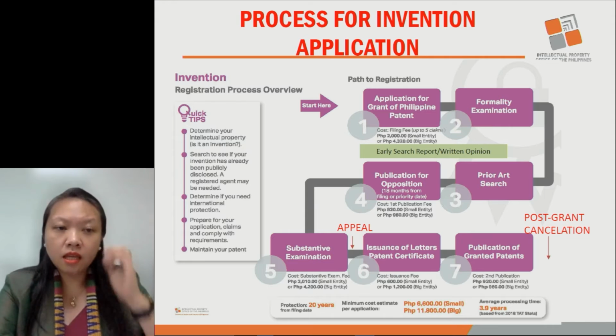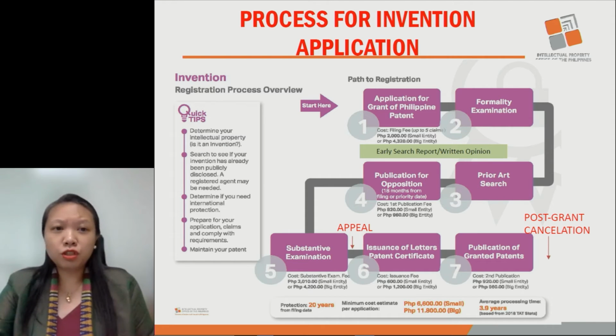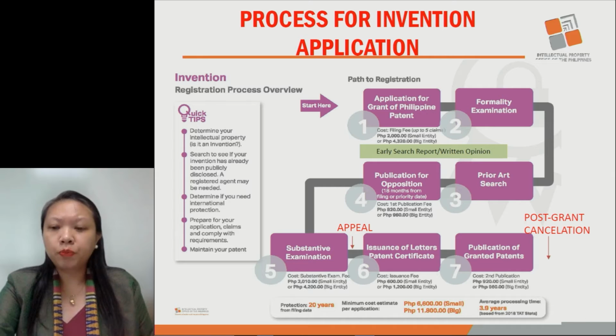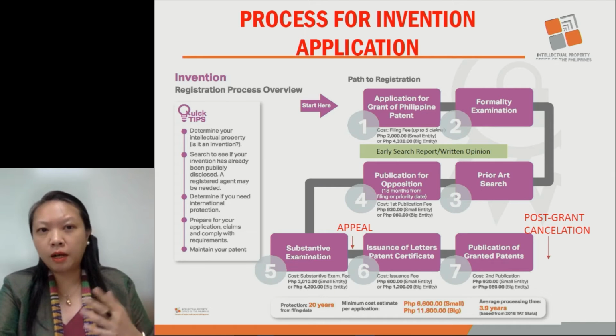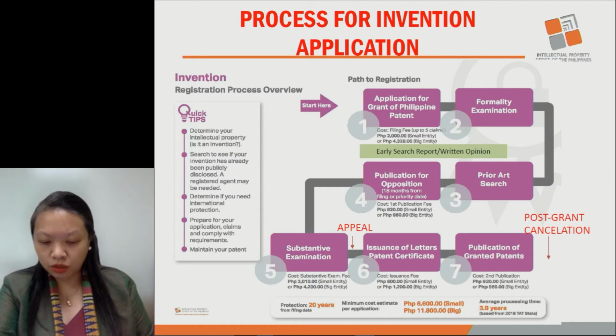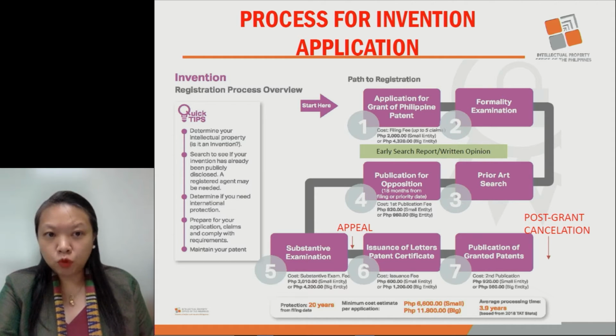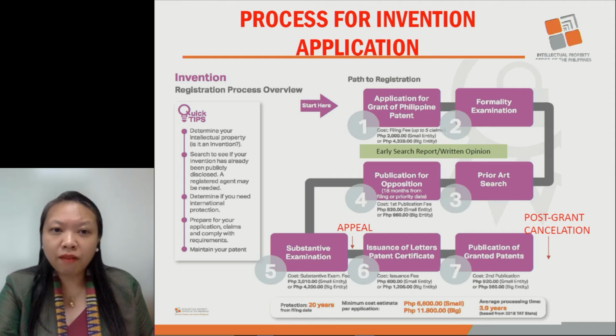So this is a chart that shows the flow of invention applications, and you will notice that we actually have two chances to challenge the findings of a patent examiner. It happens during appeals, which is after the final substantive examination, if it's rejected.